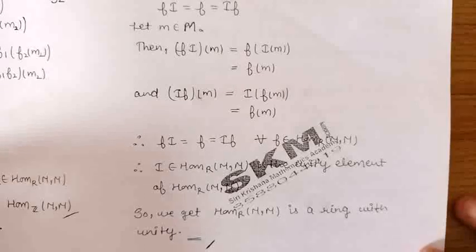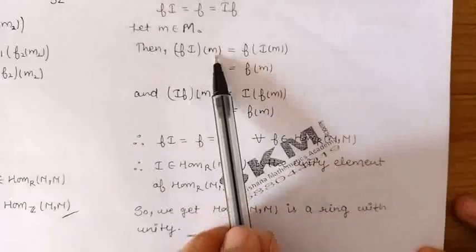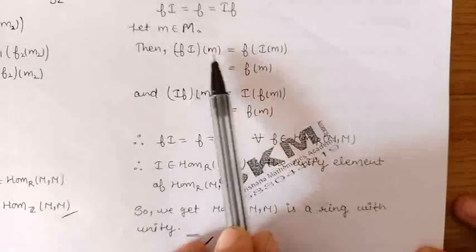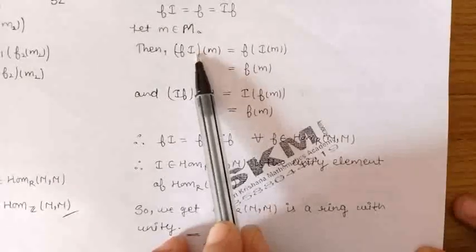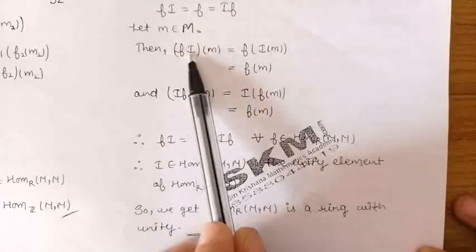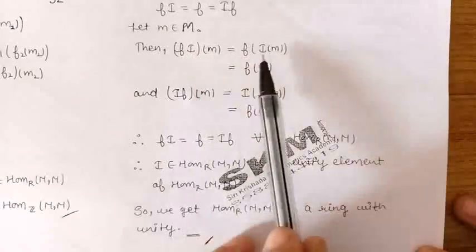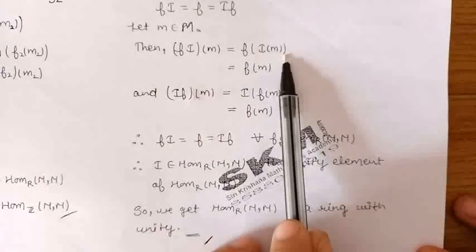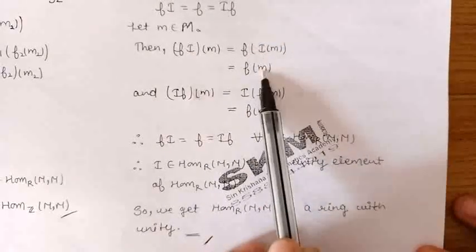To prove this, let us take m belonging to module M and let us find the image of m under the mapping F into I. Now by definition of F into I, this can be written as F of I of m. I of m is m.